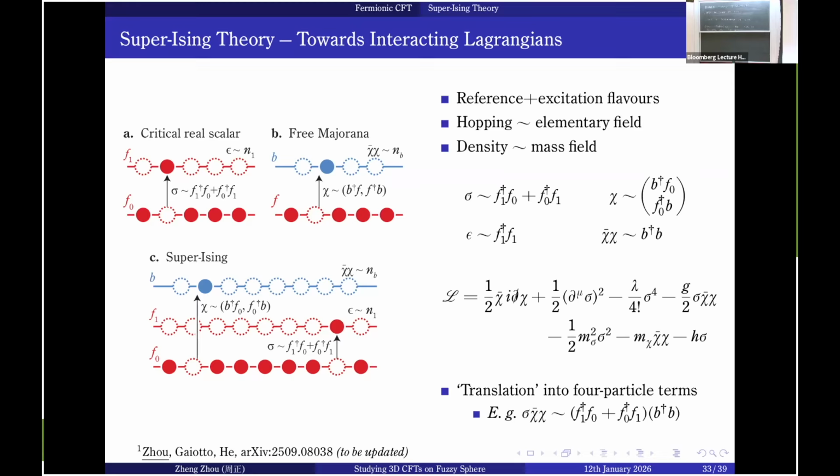Yeah. So in a similar fashion, we can translate the super-Ising Lagrangian term by term to terms on the fuzzy sphere. For example, the Yukawa coupling involves sigma chi bar chi, and sigma here is just the hopping between the 0 and 1 flavor, and the chi bar chi is just the bosonic density.